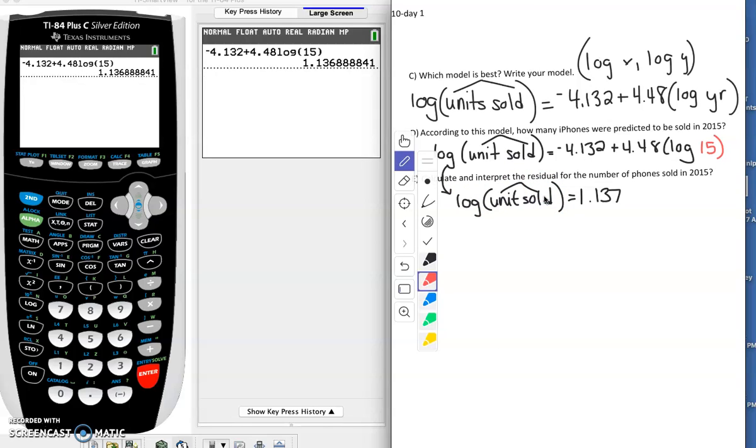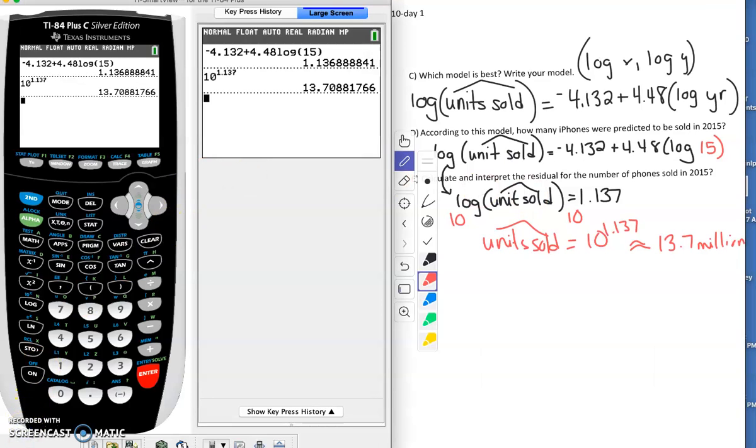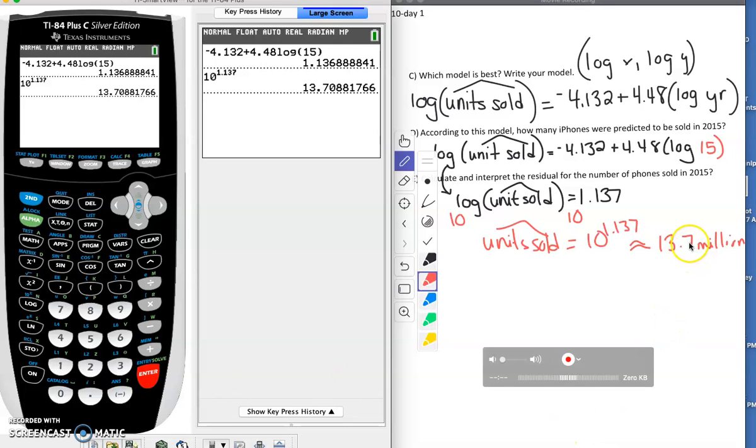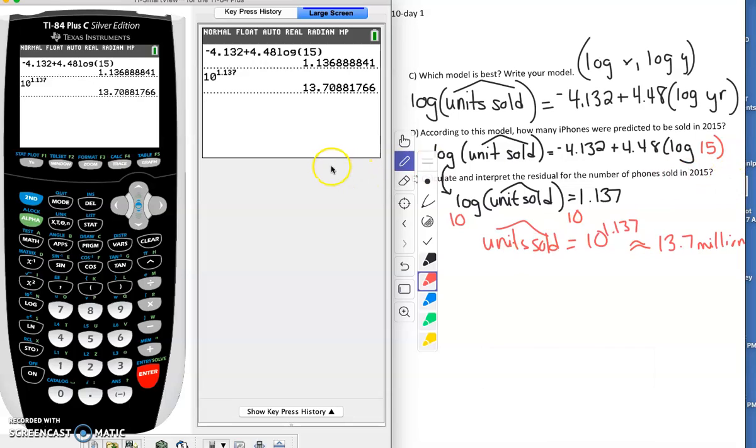So I need to solve this equation by exponentiating. So I'm going to put a 10, make that my base, and now the predicted units sold would be 10 to the 1.137, which is approximately 13.7 million. So make sure you get the million from your original units on this actual example.